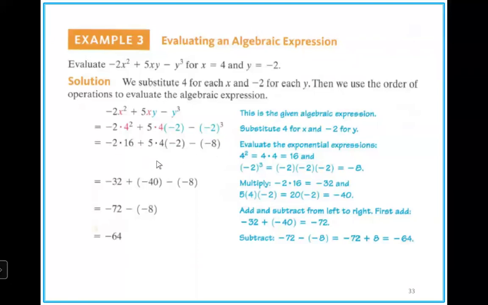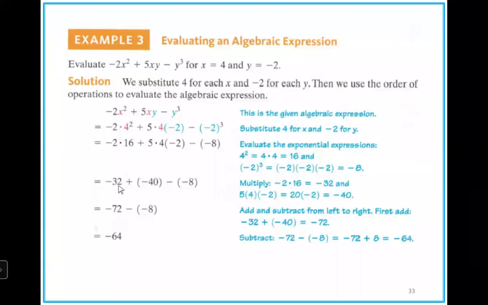Okay. Now we finished doing that portion. Now we're going to look for multiplication and division. Multiplication is right here. -2 times 16 gives you -32. And then 5 times 4 times -2. That gives you 5 times 4 is 20. 20 times -2 gives you -40. And then you bring the -8. So we finished with all the multiplication. So we're going to do the addition and subtraction in the order they appear.